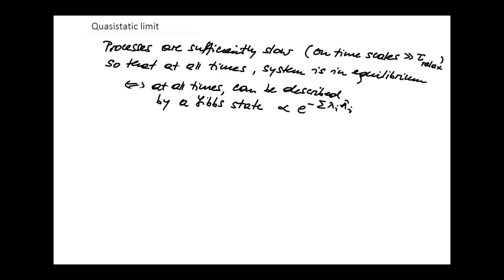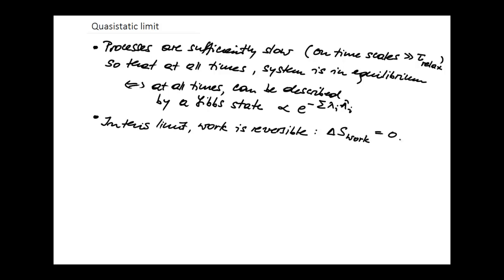So you're assuming that this description with a Gibbs state with the appropriate observables and Lagrange parameters is possible at all times during your process. And what we saw is that in this limit, work is always reversible. So, changes of entropy due to work are zero. There are no changes of entropy due to work.